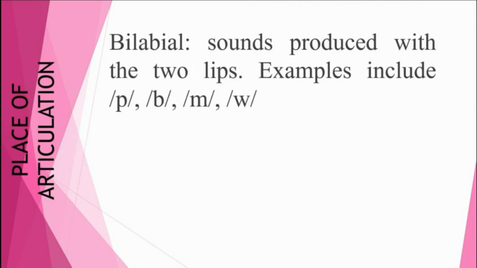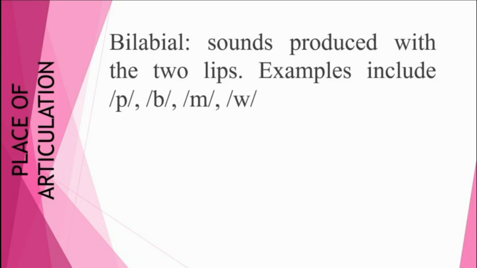We have the bi, which is about two. Wherever you have bi, you have two. Then we have labial. Labial is another word for the lips. So that means we are talking about the engagement of the two lips in the production of sounds. The two of them would come together to produce sounds.